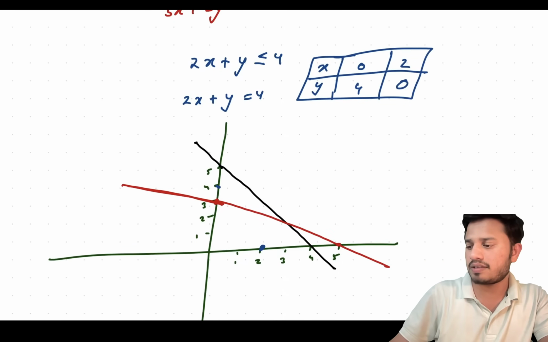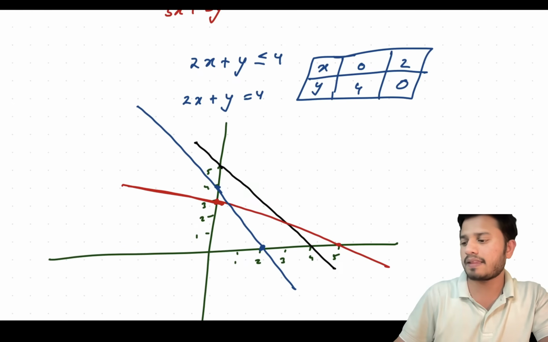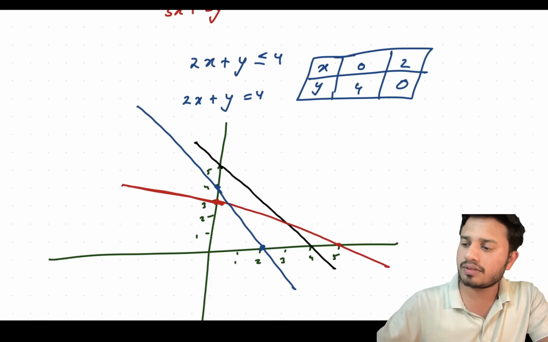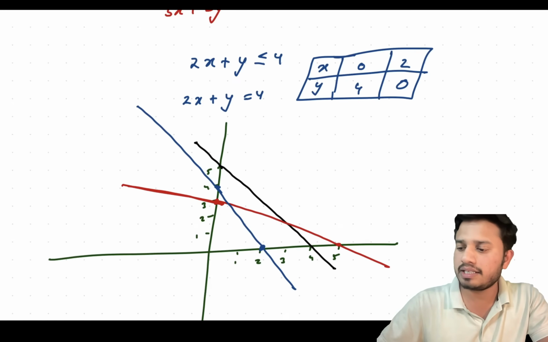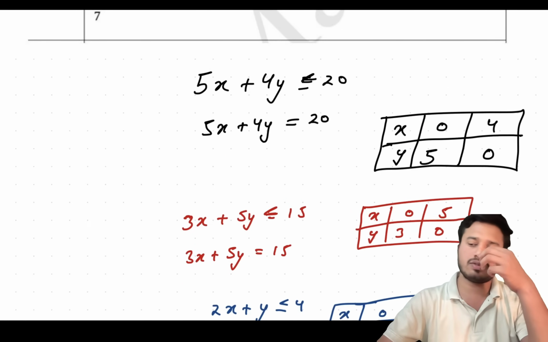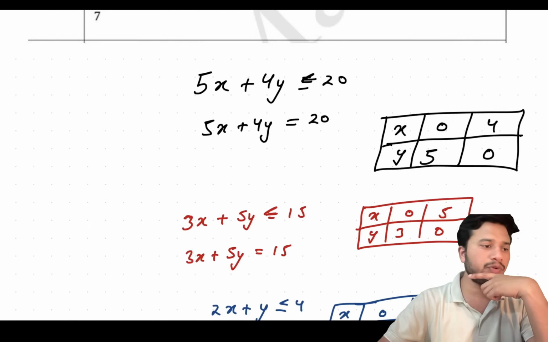Now the inequality conditions are telling us to look for the region which is less than 20.